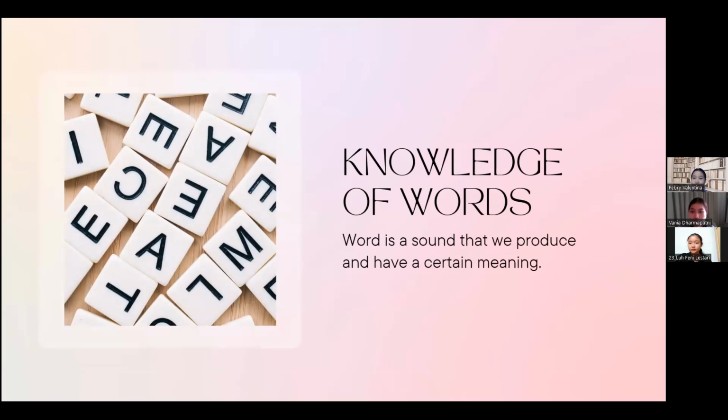The third, knowledge of words. A word is a sound that we produce and that has a certain meaning. For example, a speaker of English understands what boy means and that it means something different from toy or girl or pterodactyl. We also know that toy and boy are words, but moi is not. Why?